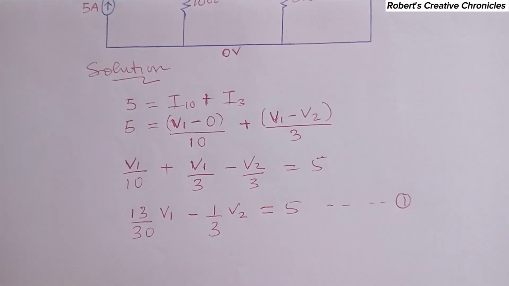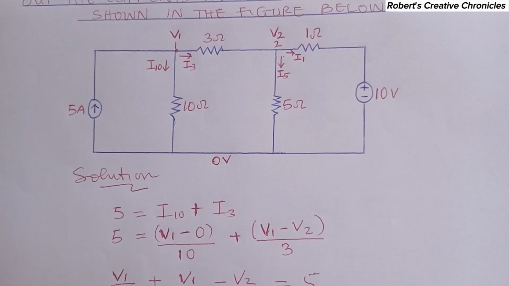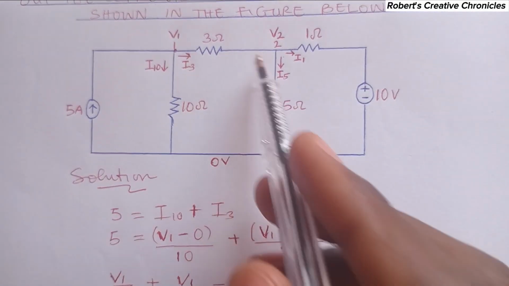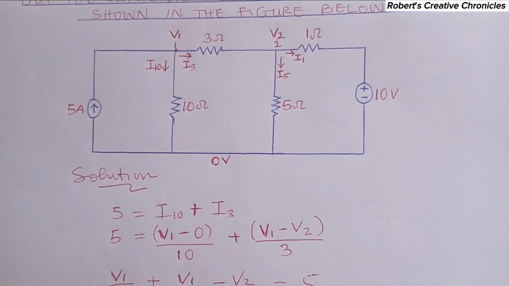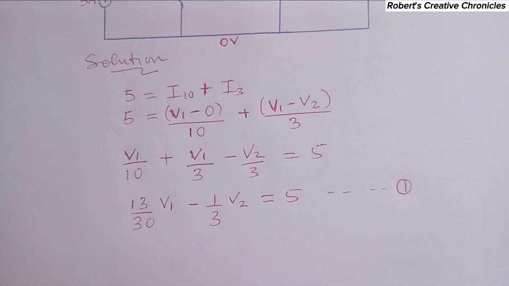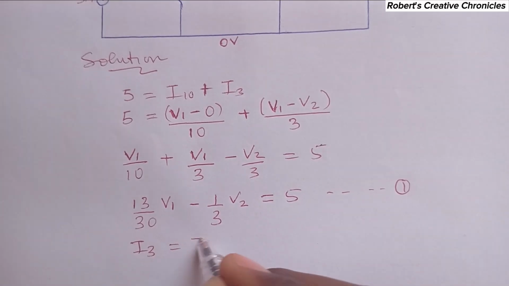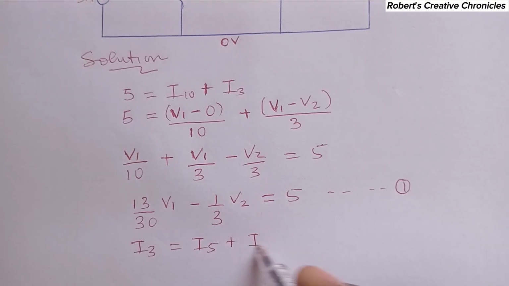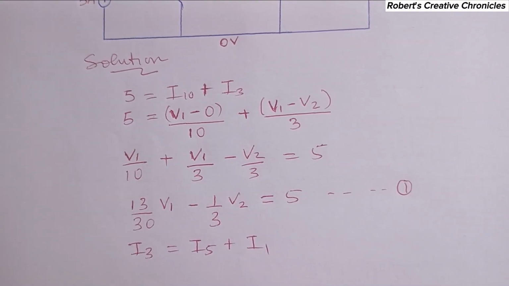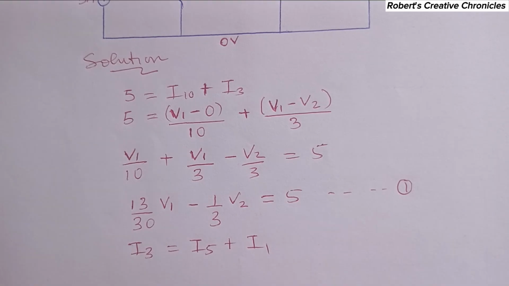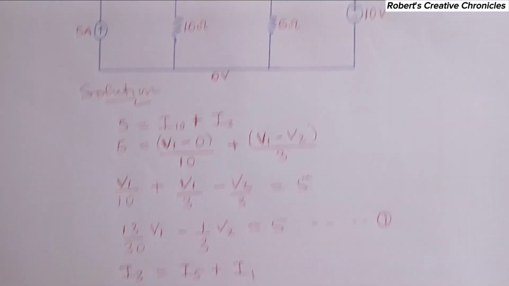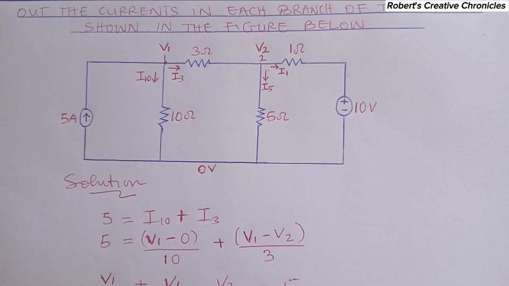Then we apply KCL to the second principal node. So it will be I3 equals I5 plus I1. So I3 equals I5 plus I1. What's I3?